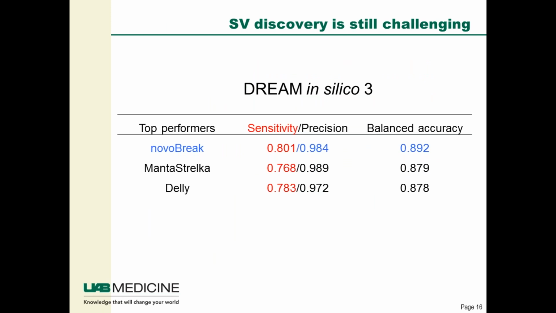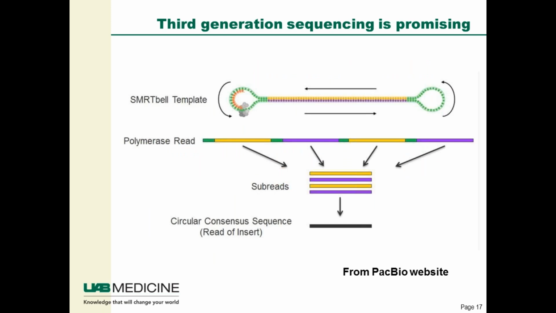So there's still a gap for structural variation detection using short Illumina reads. The third generation sequencing, because of its longer reads, typically tens or even hundreds of kilobase pairs, is quite promising for detecting structural variations.